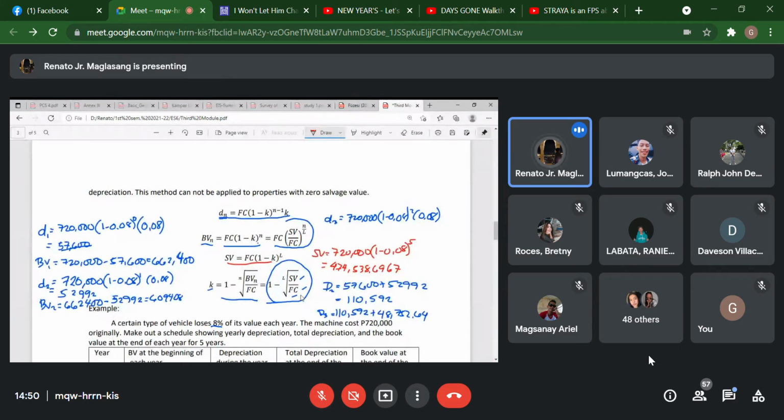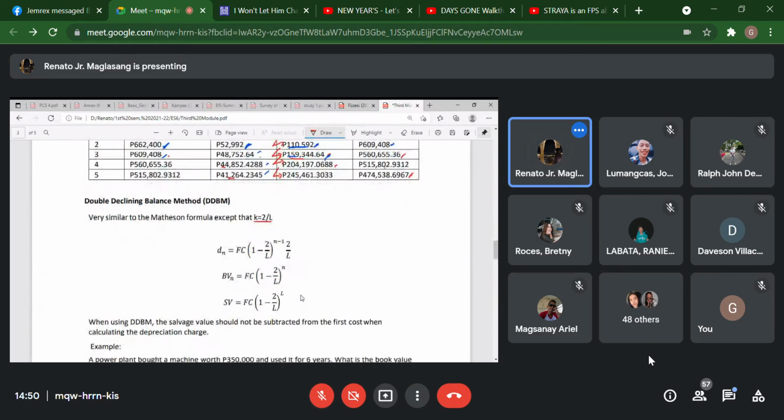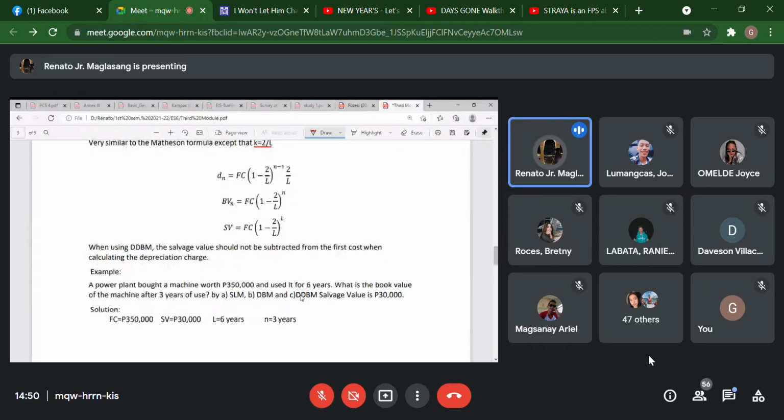So for example, this one, Fc times 1 minus K to the N minus 1 times K, will become Fc times 1 minus 2 over L. So this was K in the DBM, then this one, same lang. So when using the DDBM, the salvage value should not be subtracted from the first cost when calculating the depreciation charge.